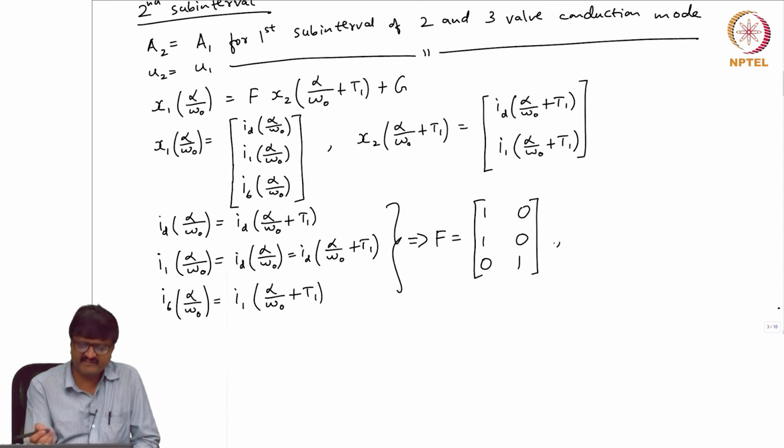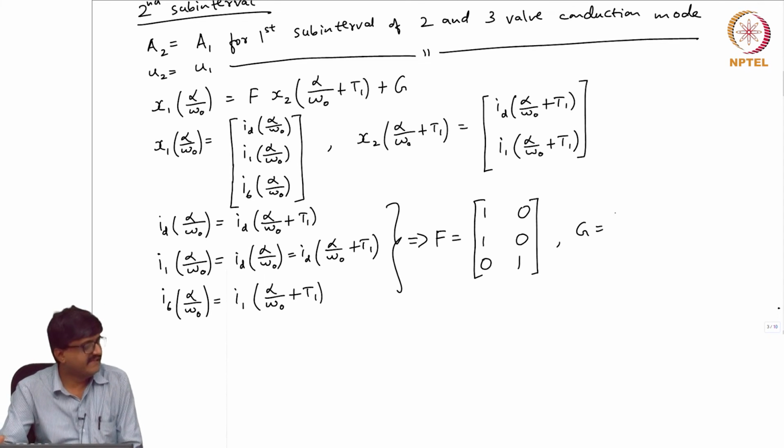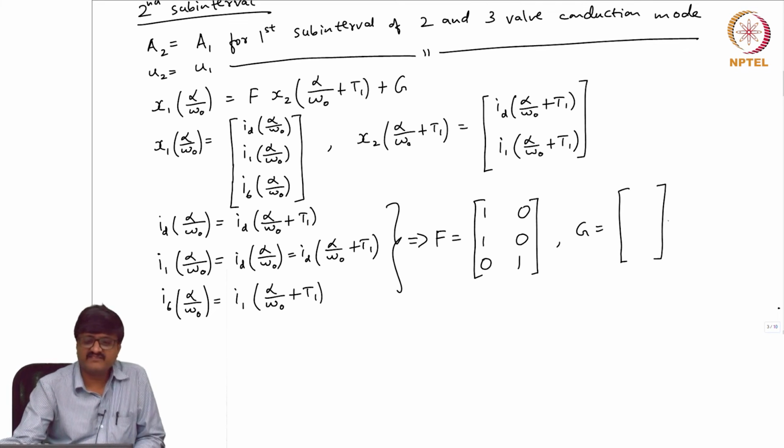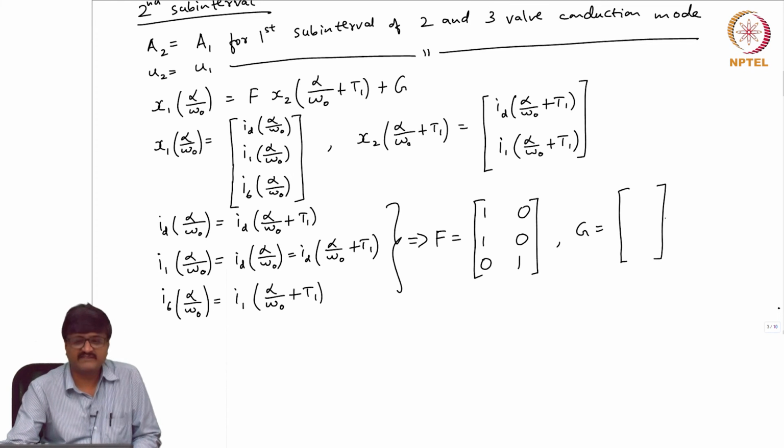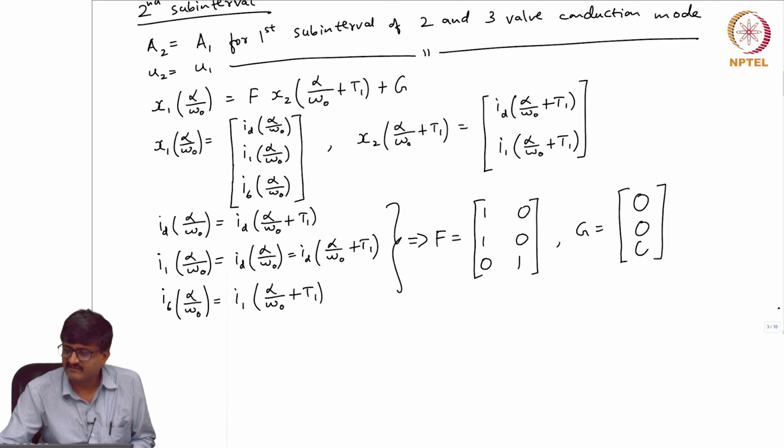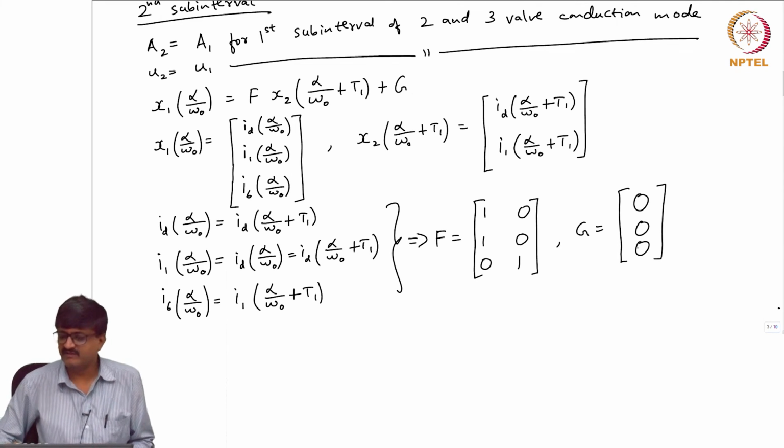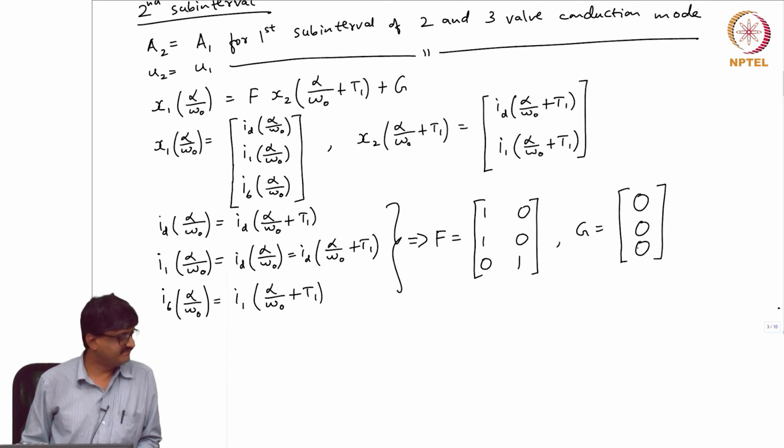So, you get everything in the first term itself. So, again when you look at G, what is the size of G? 3 cross 1. Size of G is same as x1, and all elements are 0.